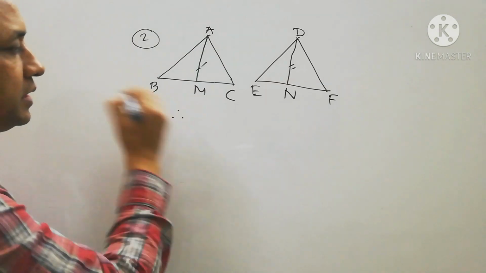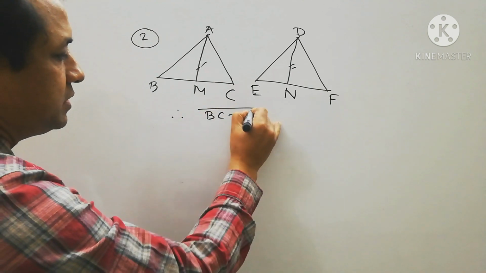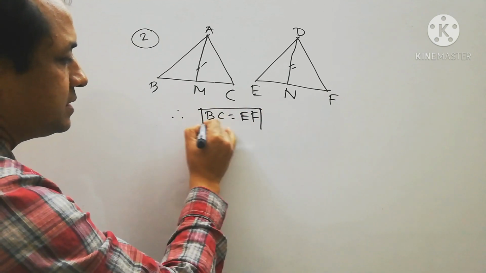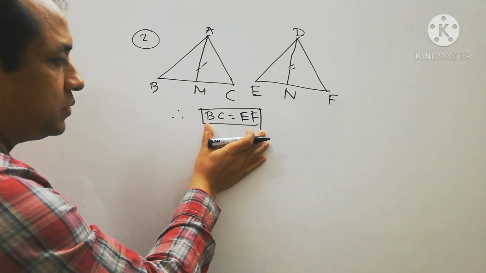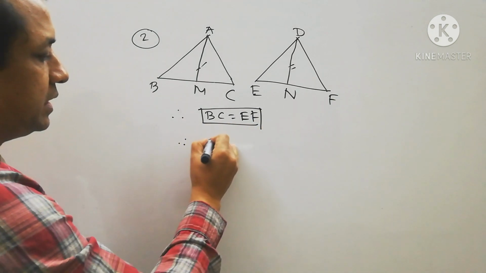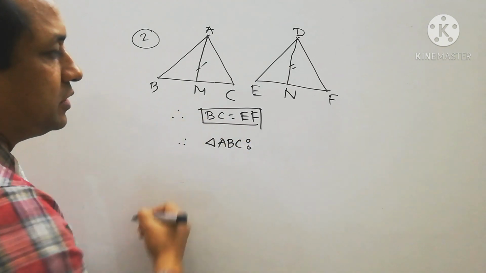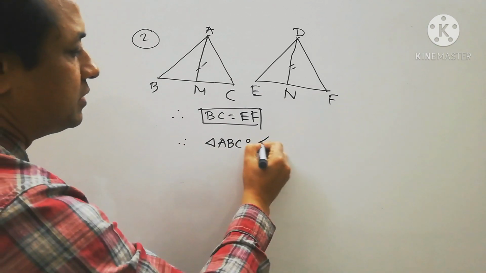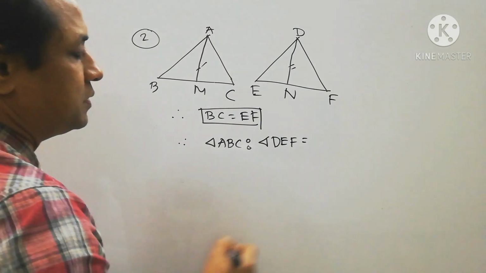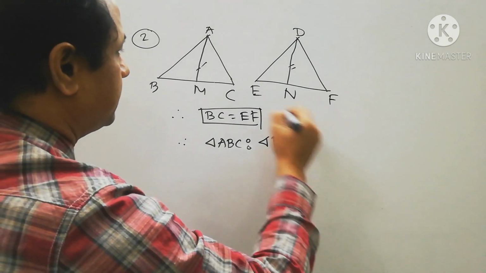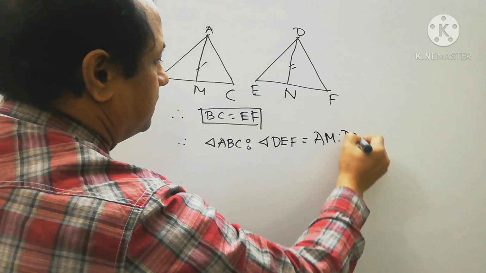So we have BC equals EF. If BC equals EF, the bases of the two triangles are equal, so the area of triangle ABC is to the area of triangle DEF equals the ratio of the two heights, AM is to DN.